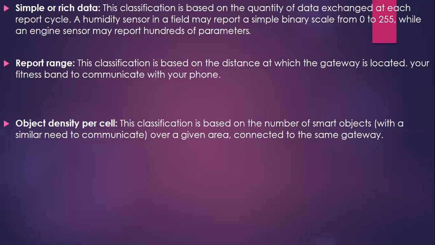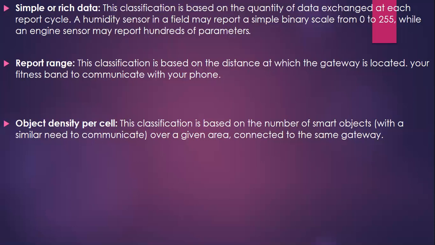Then report range. This classification is based on the distance at which the gateway is located. A very good example is your fitness band connected to your phone. Range always matters, whether the gateway is near or far. Then the last classification, object density per cell.